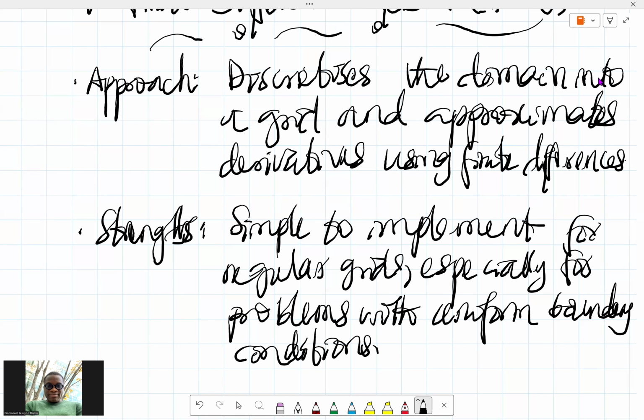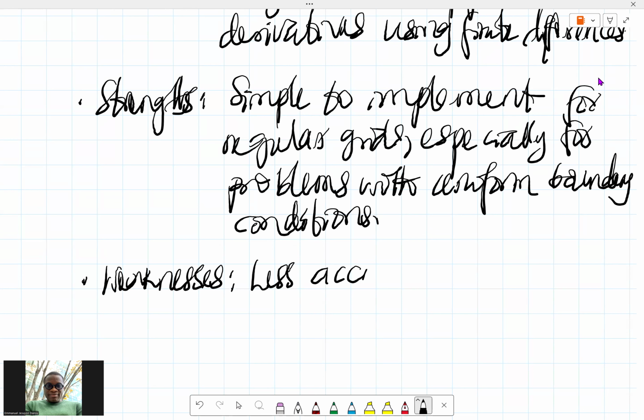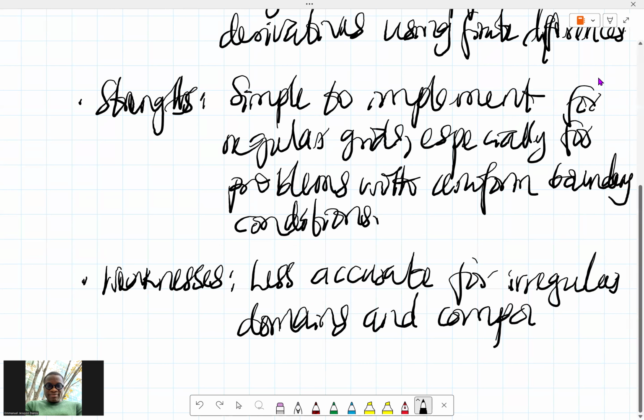And what can we consider the weaknesses of the finite difference method? It is less accurate for irregular domains and complex boundary conditions.